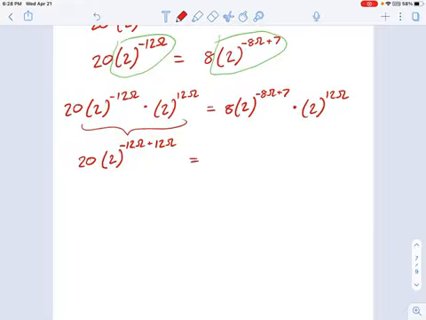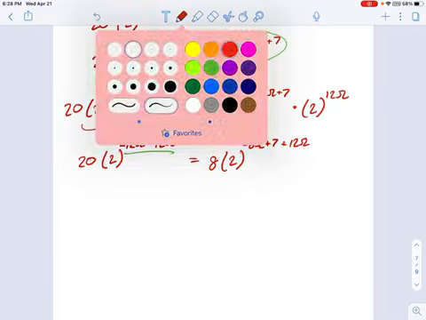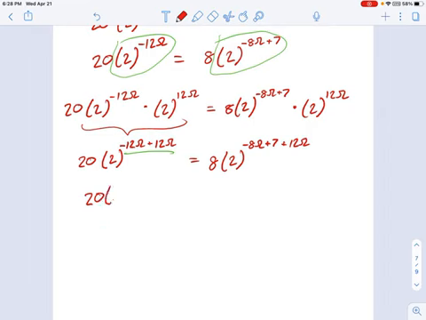And on the right side, this is going to be 8 times 2 to the negative 8 omega plus 7 plus 12 omega. That exponent's getting to be almost longer than the whole equation. But look at what we've got on the left side. Remember, this is the whole reason I did this thing. Negative 12 omega plus 12 omega gets you this beauty. You get 20 times 2 to the 0.